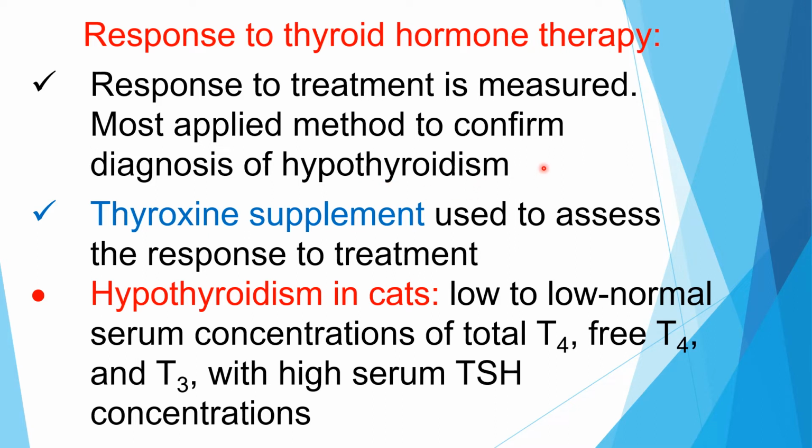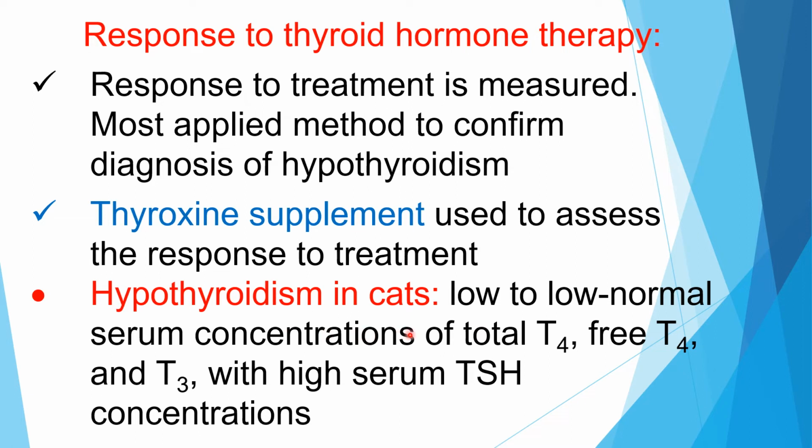It is easy to perform. Generally, the thyroxine supplement drug is used to assess the response to the treatment. Generally, the response takes a long time to measure. At least clinical improvement in skin lesions is observed after about 1 to 2 months. But this is a good, applied method.